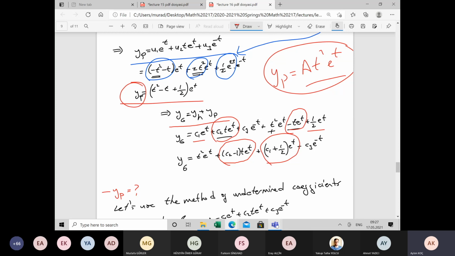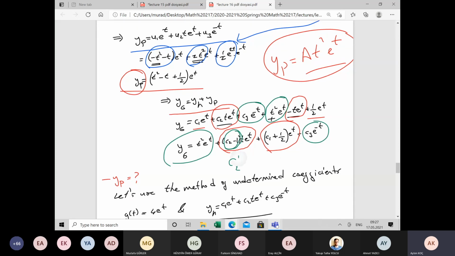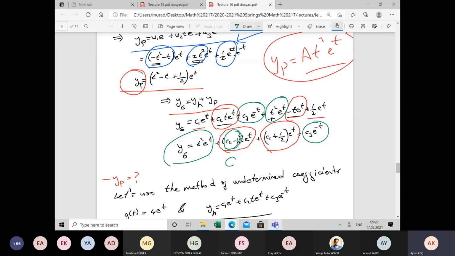So look at this one: this one is t e to the t, and this one is, for example, C2, not prime, the capital C2. It's okay. This one is capital C2. This one is capital C1.